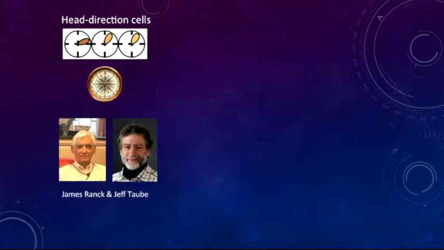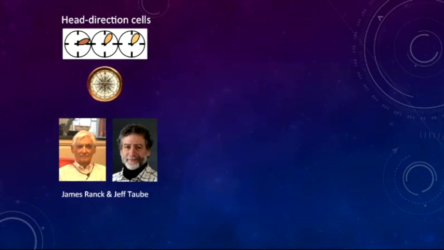What I show up there is a tuning curve. I'll get back to it later, don't worry. It shows the firing rate of a single neuron as a function of the direction of the head in the horizontal plane, 360 degrees, and this particular neuron fires whenever, for example, let's call it east, right? Whenever the animal faces the east direction. And another cell will fire for another direction, another cell for another direction.